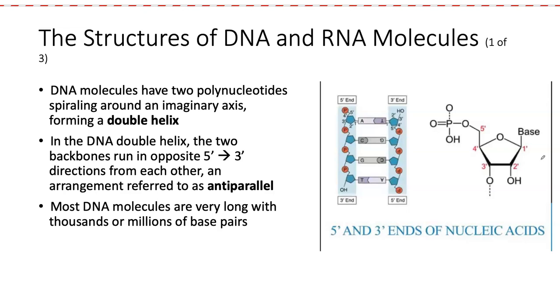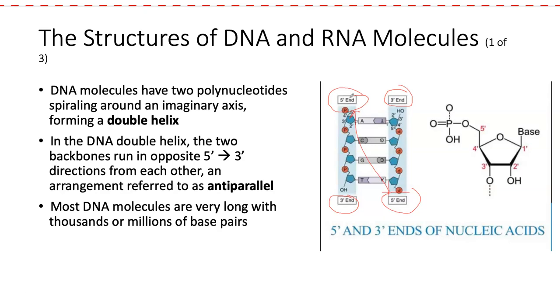In the DNA double helix, the two backbones run in opposite directions. So in this one, we've got a 3' end down here, and on the other end of it is the 5' end. So there's a 3' end, and there's the 5' end. On the opposite one, on the other polynucleotide that it's connected to, notice that the 3' end and the 5' end are on opposite sides from its partner, right?